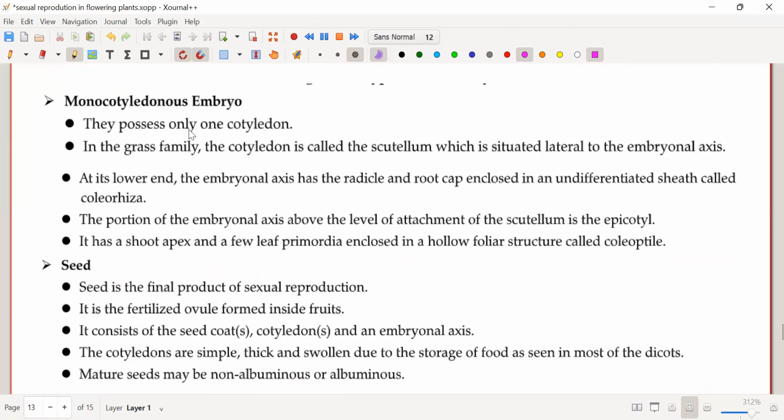Monocotyledon embryo, they possess only one cotyledon. In the grass family, the cotyledon is called scutellum, which is situated laterally in the embryonal axis. At the lower end of the embryonal axis, the radicle and the root cap are enclosed in the undifferentiated sheath called coleorhiza.